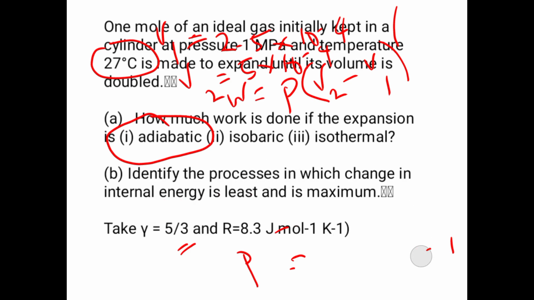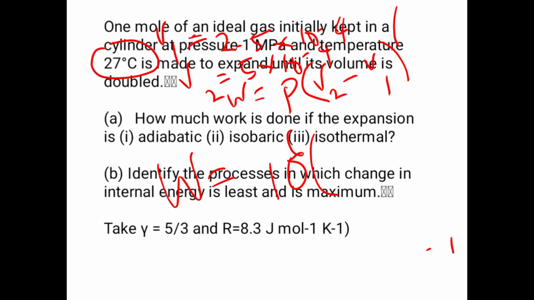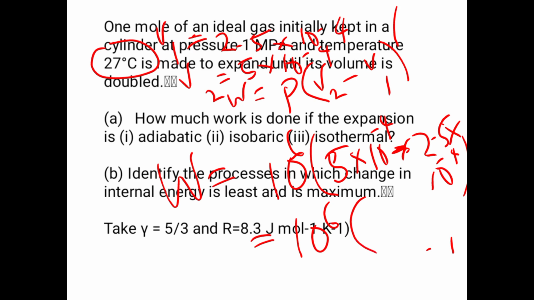So what that simply means is that my work in the isobaric condition, W, is equal to, the pressure is 10 raised to the power 6 into 5 times 10 to the power minus 4 minus 2.5 times 10 raised to the power minus 4. That's going to give us 10 raised to the power 6 times 2.5 times 10 to the power minus 4, since 5 minus 2.5 is 2.5.